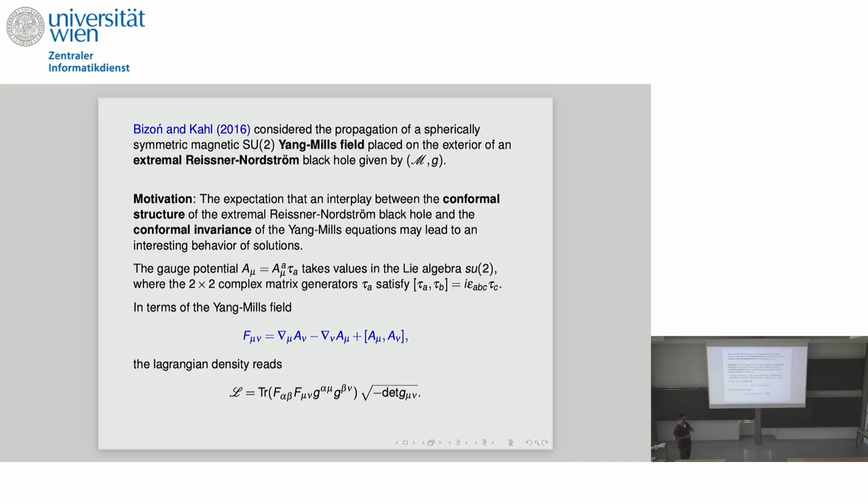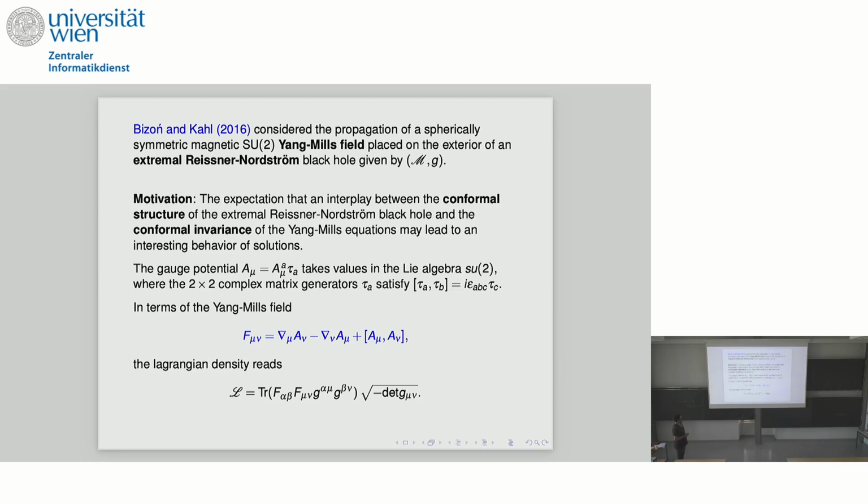Remember that the metric we are going to use is the metric g, and the reason is that this is taken from Bizoń and Chmaj. The interplay between the conformal structure of the extremal black hole and the conformal invariance of the Yang-Mills equation may lead to interesting behavior of solutions. So you have two ingredients that are good. Spoiler alert, you will have interesting behavior, okay?